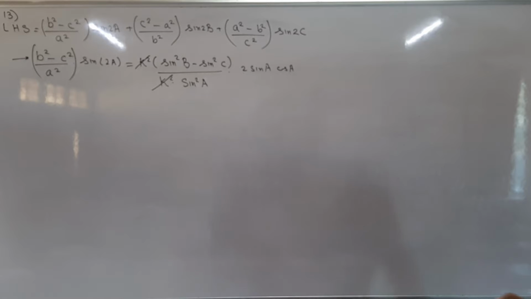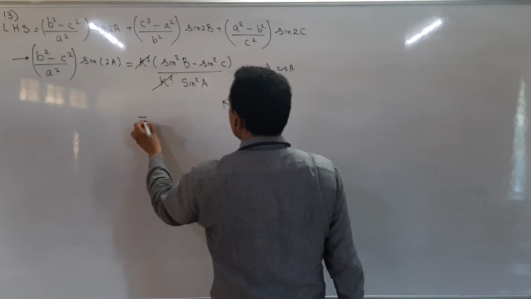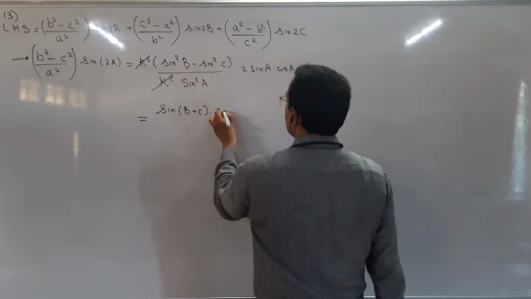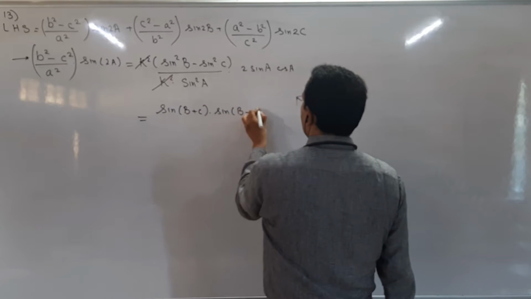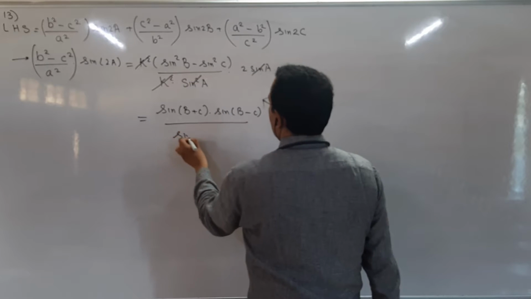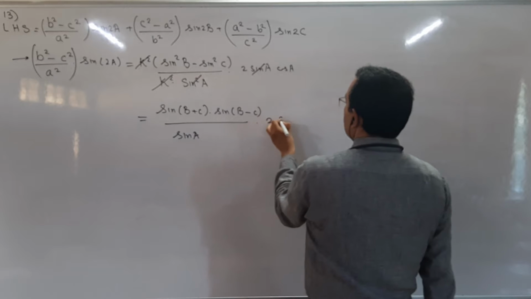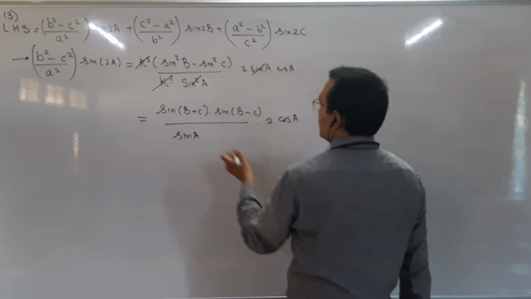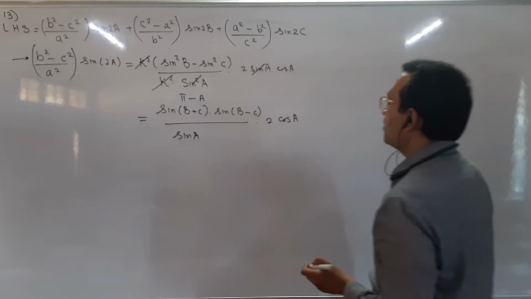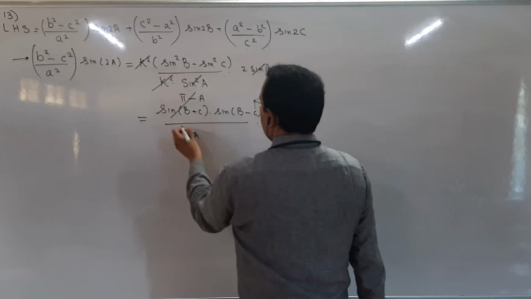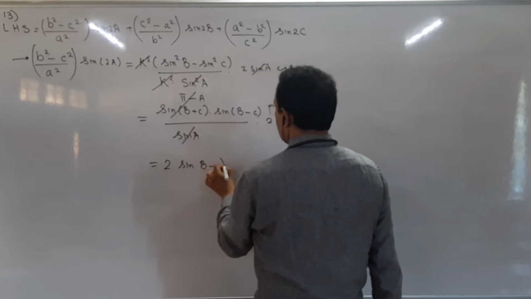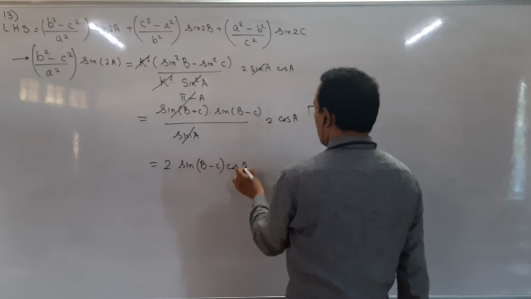Now sine square B minus sine square C is nothing but sine of B plus C into sine of B minus C, when sine A and sine A gets cancelled, upon twice cos A. Now B plus C is pi minus A, and sine pi minus A is sine A, so this comes out to 2 sine of B minus C into cos A.